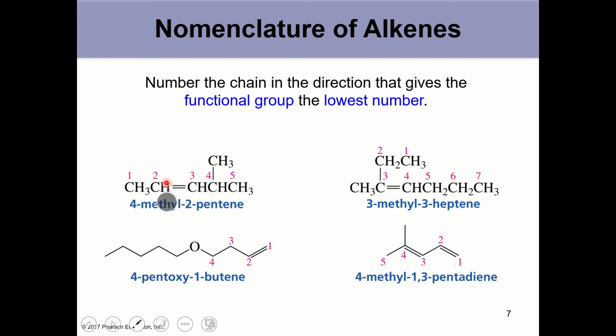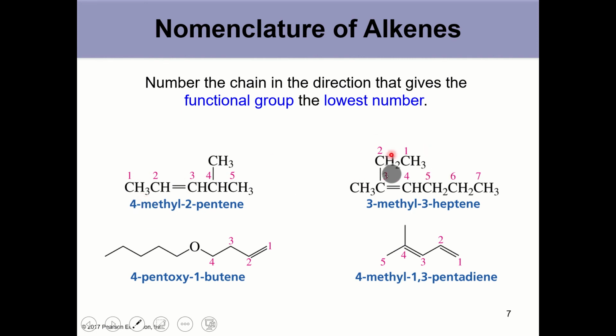So if we number it from the first methyl group at the left and move to the right, the pi bond gets a number of 2. If we were to start at the right and move to the left, the pi bond would be at 1, 2, 3, so the pi bond would get a number of 3. We want to start from the other side because 2 is less than 3.